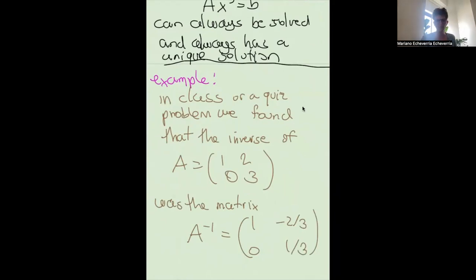Okay, that's something we can compute. And again, in a couple of minutes, I'll tell you how to find this in general. But for now, we had found the matrix had that inverse.